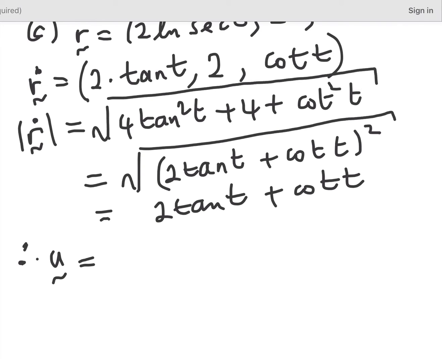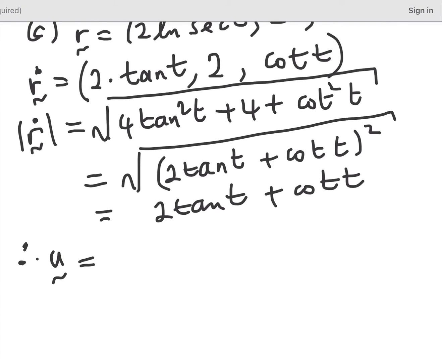So this would be, incidentally, we need to be mindful here that we take the positive square root. Okay. Unit tangent vector.